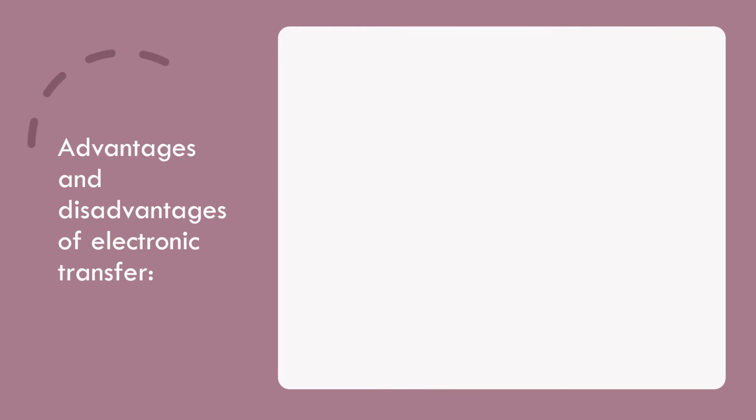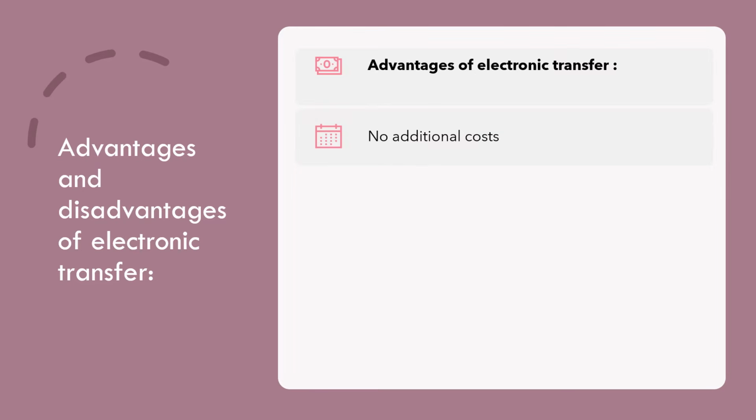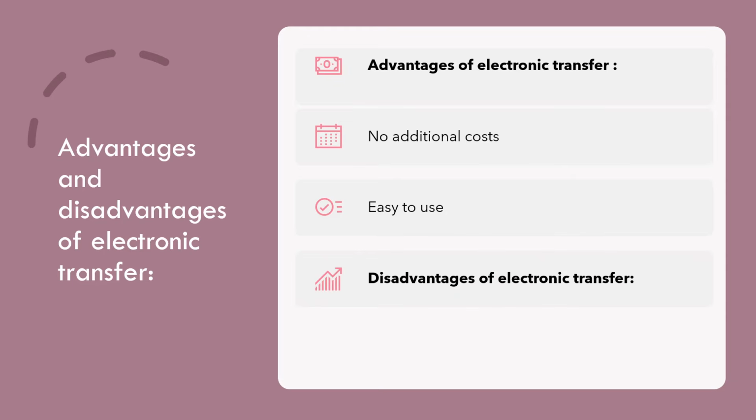What are the advantages and disadvantages of electronic transfer? The advantages of electronic transfer are that there are no additional costs. It's easy to use. However, the disadvantage of electronic transfer is that there's a risk of losing money if you set up the transfer wrong. So you could set it up wrong by transferring it to the wrong person.